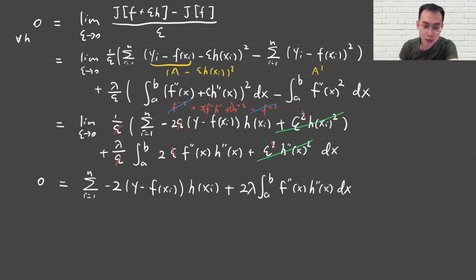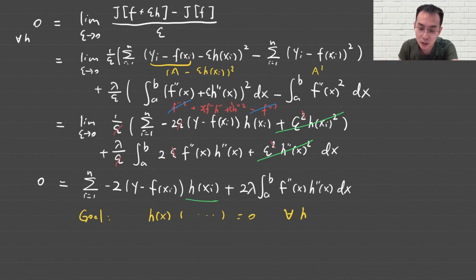Okay, so remember that our goal here is that we want to write things as h of x times something equals 0 for all h, right? But from this equation, we have to do a few tricks in order to reach this form. The first is that in here we have the function h evaluated at the data point xi.